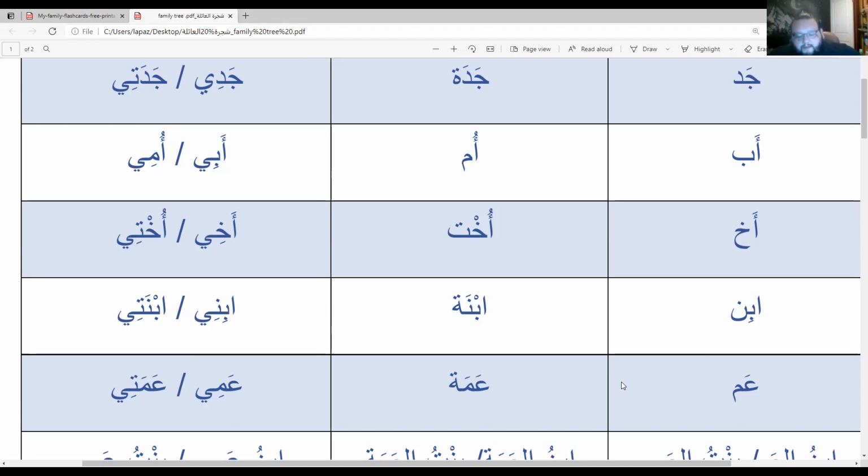Now عم وعمة. عمي and عمتي. It ends with the ta marbuta, so when we add a ya, the ta marbuta changes into a ta. عمتي. So عمي وعمتي.